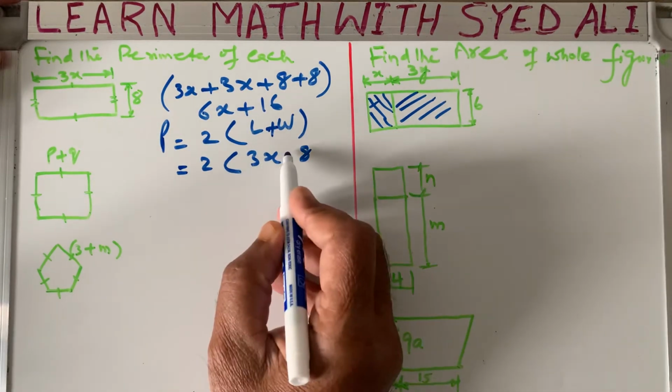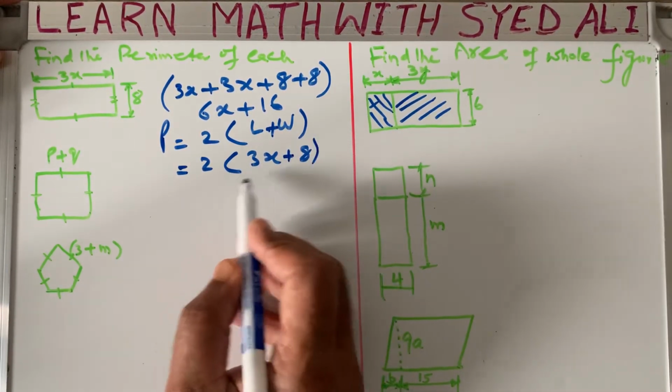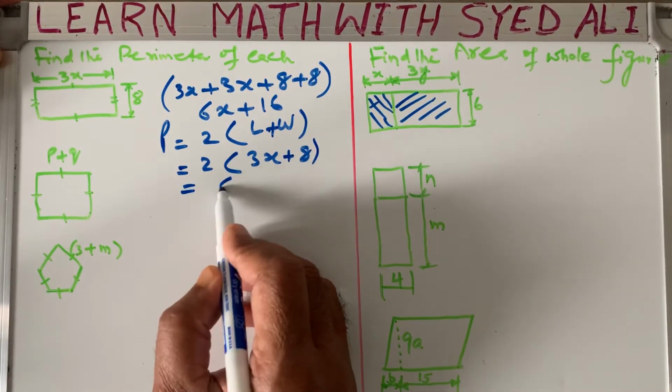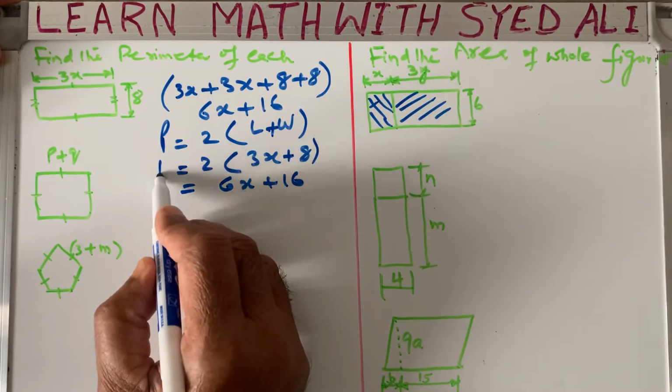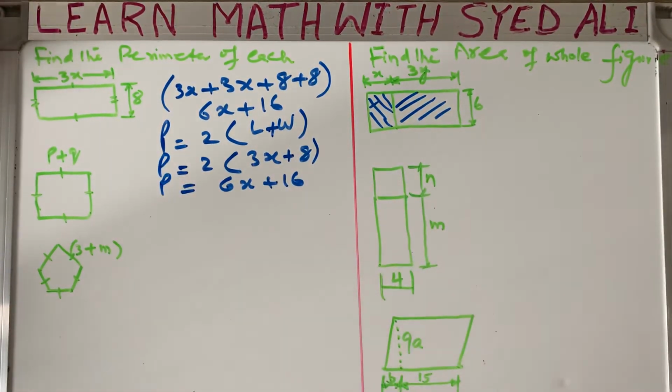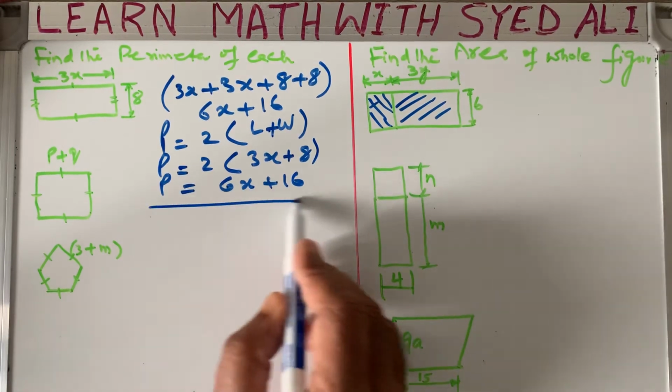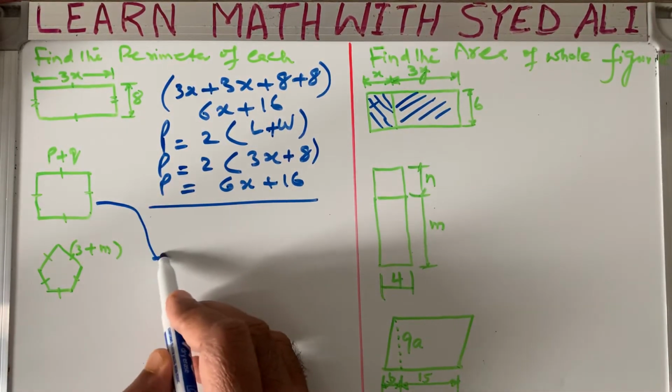And if you open it, it's again 6x plus 16, the same thing. So we need to remember that the perimeter of a rectangle is 2 times (L plus W). So this is here, and now the second one is here.